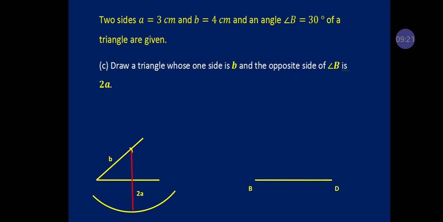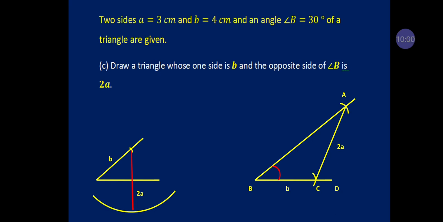From any ray BD, we cut off a portion BC with length equal to B. Then we construct an angle equal to B at point B. Now place your compass at C, open it up to 2A and mark an arc from C. With that radius 2A, the arc hits the above line at A. So just connect A with C, and this is your triangle.